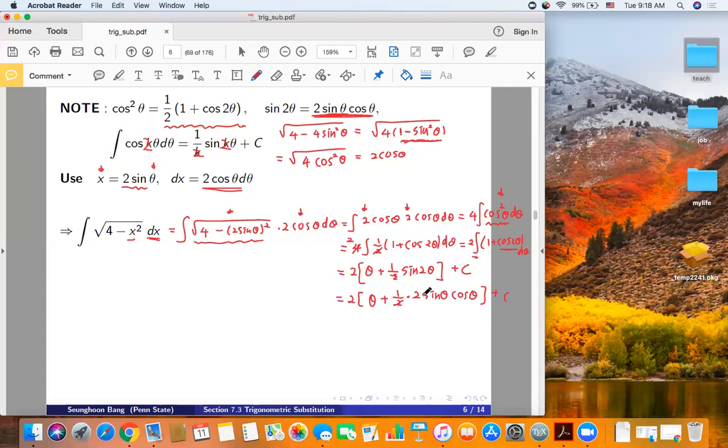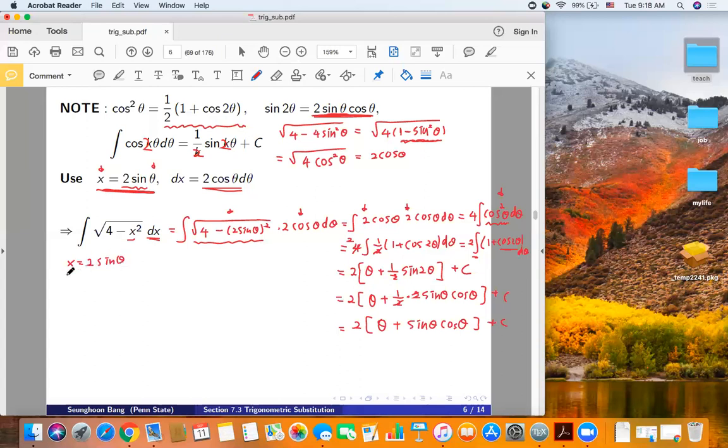So what happens? The 2 is crossed out. This is 2 times (theta plus sine theta cosine theta) plus c. The next step, you have to change it back to x values by using this relation: x equals 2 sine theta. So here, x equals 2 sine theta is given.